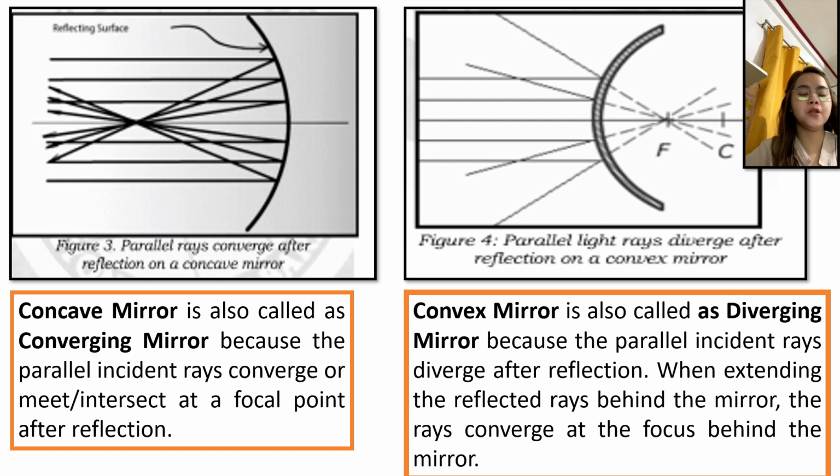While the convex mirror, also known as the diverging mirror, is so called because the parallel incident rays, or the lines that you are seeing there, diverge after the reflection. When extending the reflected rays behind the mirror, the rays converge at the focus behind the mirror. The convex mirror usually can be seen inside 7-Eleven stores.